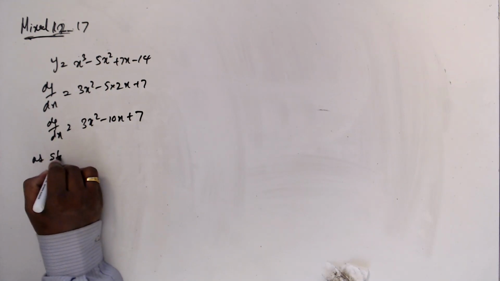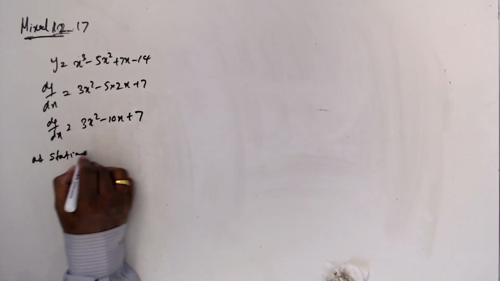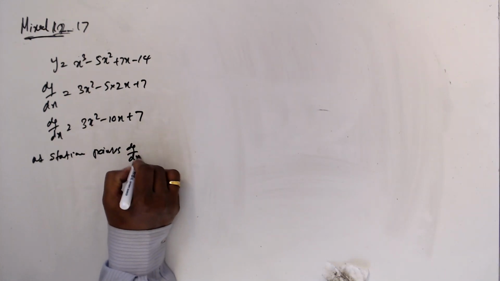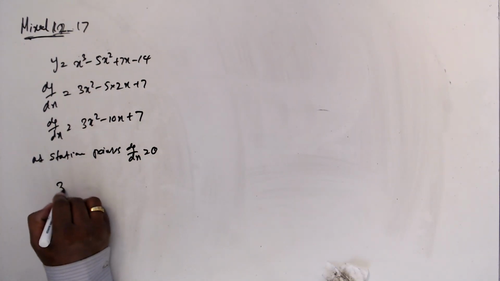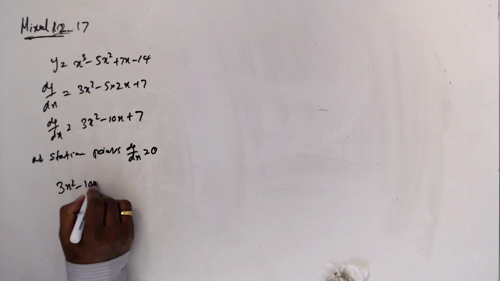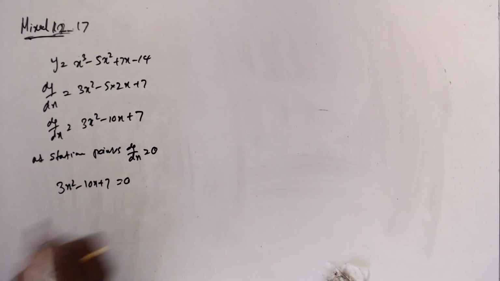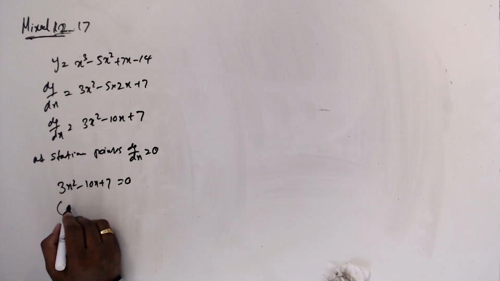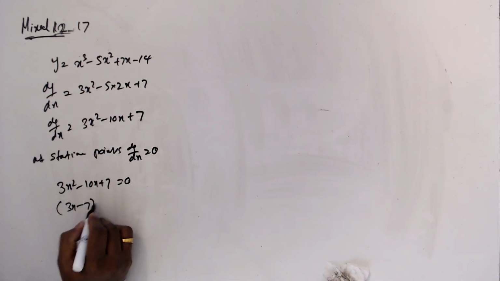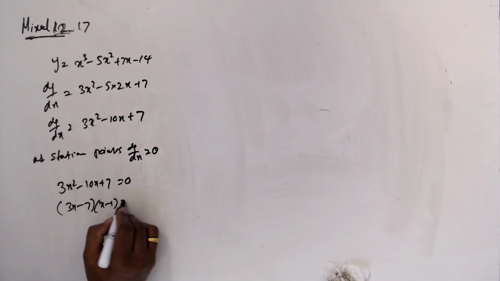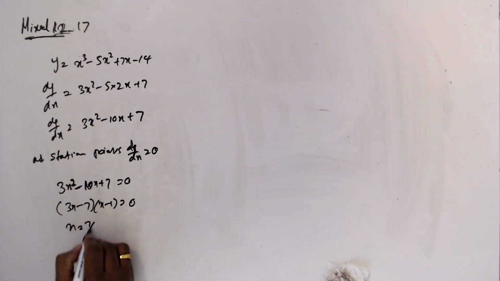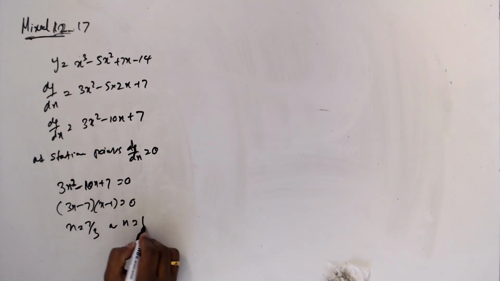At stationary points, dy over dx equals 0. 3x squared minus 10x plus 7 equals 0. So the brackets are (3x minus 7)(x minus 1) equals 0. x equals 7 over 3 or x equals 1.